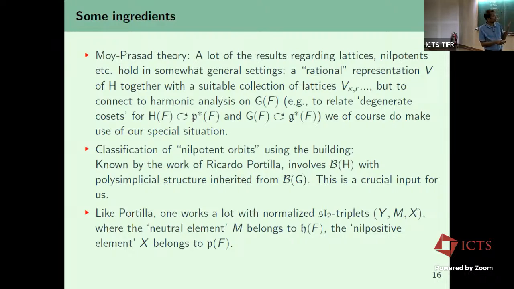One knows that normalized SL2 triples exist when p is greater than 0, namely that if you take a nilpotent element in the symmetric space p(F), you can complete it to an SL2 triple so that the neutral element belongs to h(F). Somehow that makes it possible to adapt many of the computations. Okay, any questions?